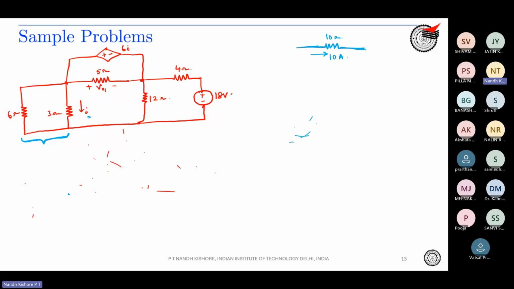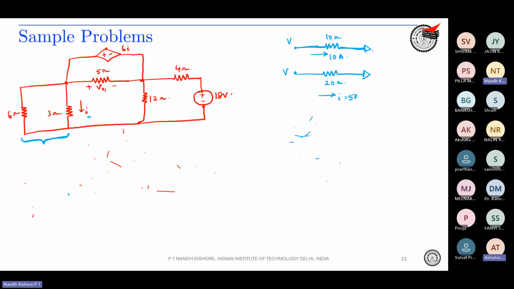Let's say I'm just taking an imaginary case. Through 10 ohm, I am flowing 10 ampere of current for the same potential difference. Now for the same potential difference, let's say I have 20 ohms. What will be the current magnitude? 5 ampere.